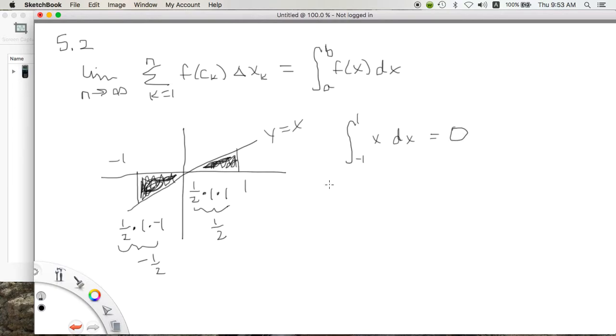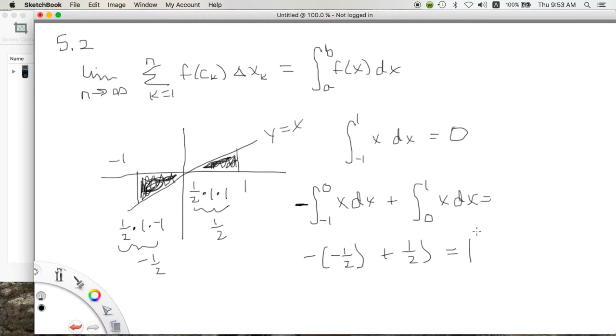Now, if we wanted to know our net area, our total area, we could take the integral from -1 to 0, and then change the sign of it, and add it to our area from 0 to 1, and then we would get the total area, because here we would have negative times -1/2 plus 1/2, and that would give us 1.